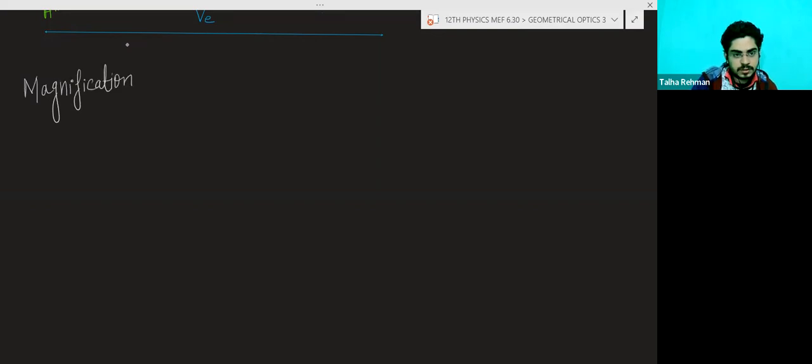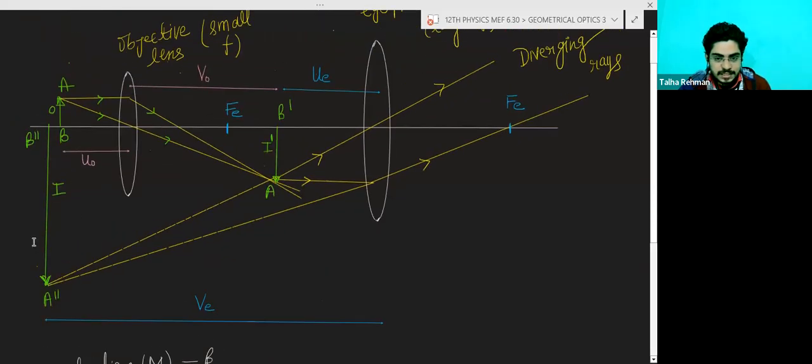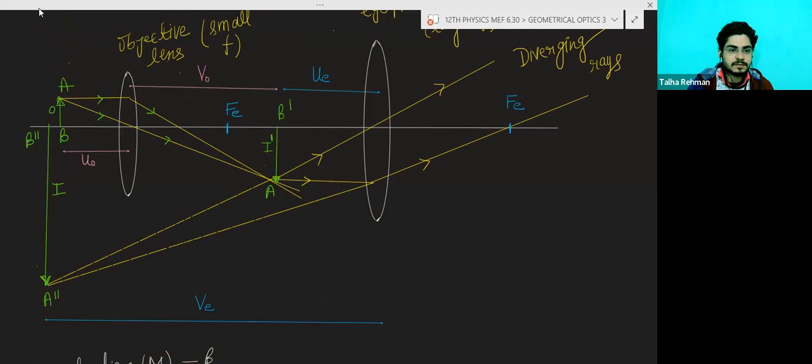Magnification M, and we know that magnification is beta by alpha, and beta is the visual angle subtended by the final image. Now, where is the final image? This is the final image, and the angle subtended by this image is this angle. So this angle will be beta.